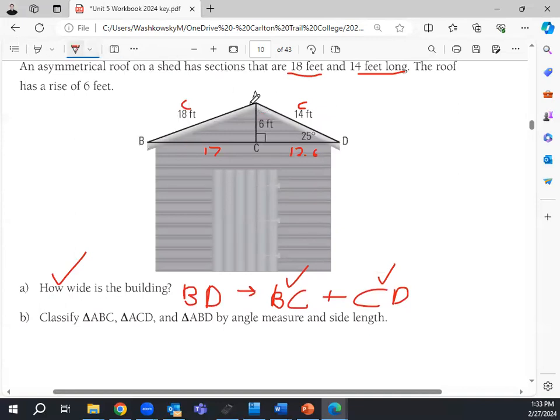So we want to try and find angle, triangle ABD. So here's what we know. We know that all three sides are different. So we know it has to be a scalene triangle. Now the question is the angle.